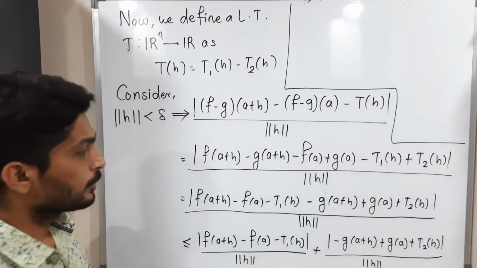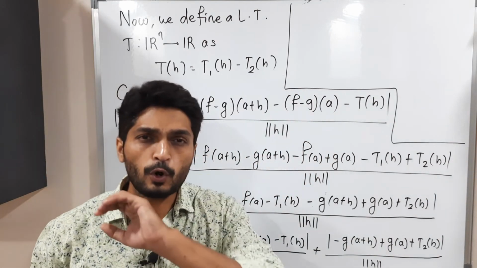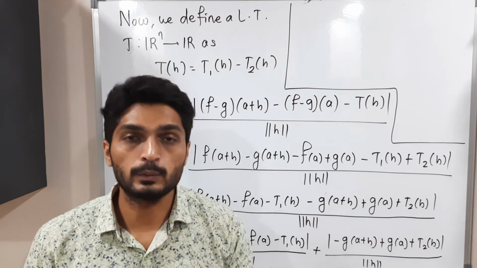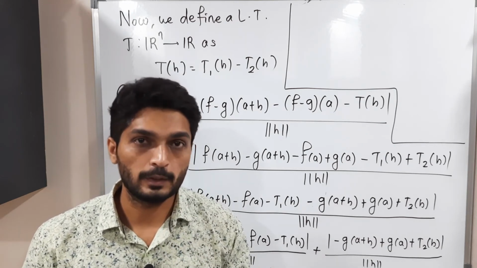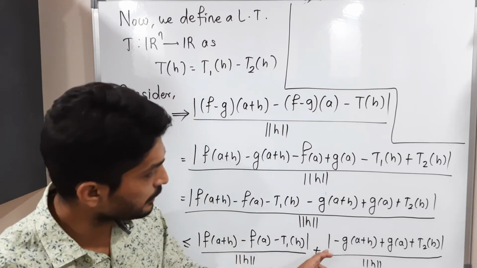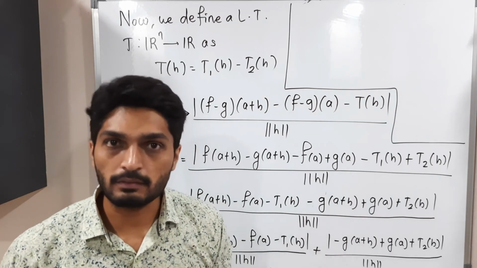Let us continue. So you know that inside mod, if you change all signs, it doesn't matter, we will have the same value. Since mod minus 5 is nothing but mod 5, or mod 4 is nothing but mod minus 4. So if you change all signs, we will have the same value.